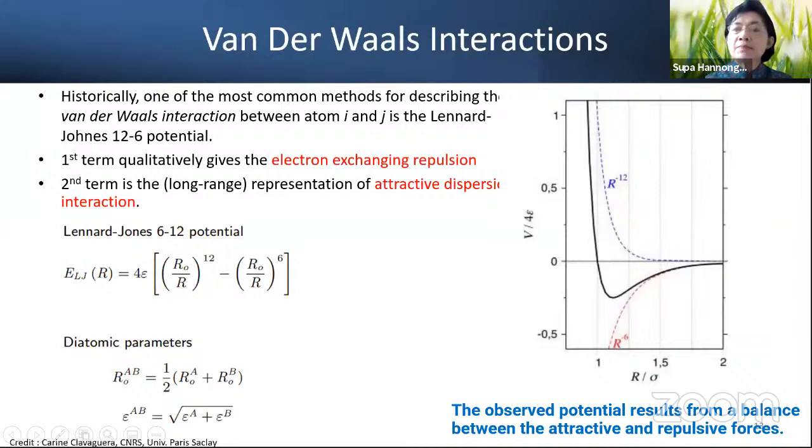That means the system is more stable and happy. But anyway, the observed potential results from the balance between the attractive and the repulsive force. So the black curve over here, we call it the Lennard-Jones potential because of the balance between attractive and repulsive.